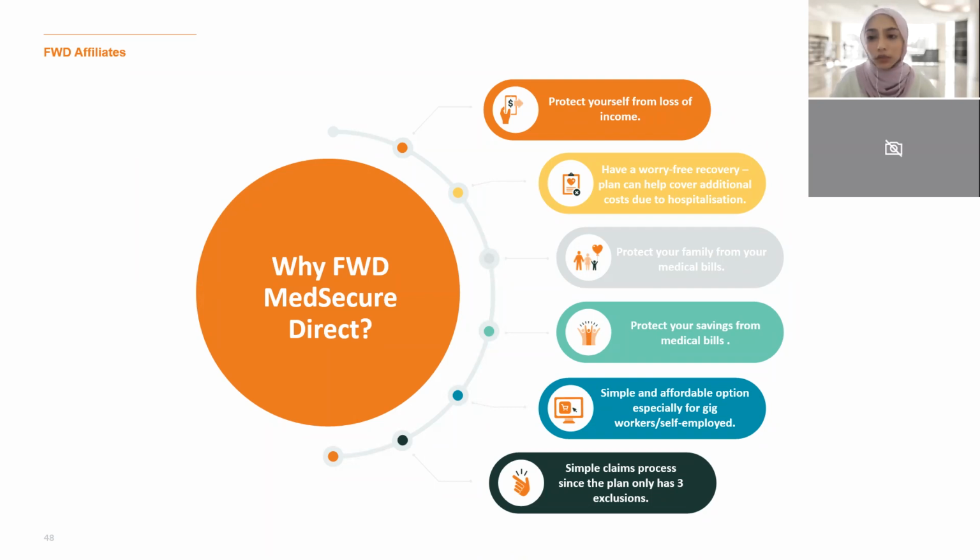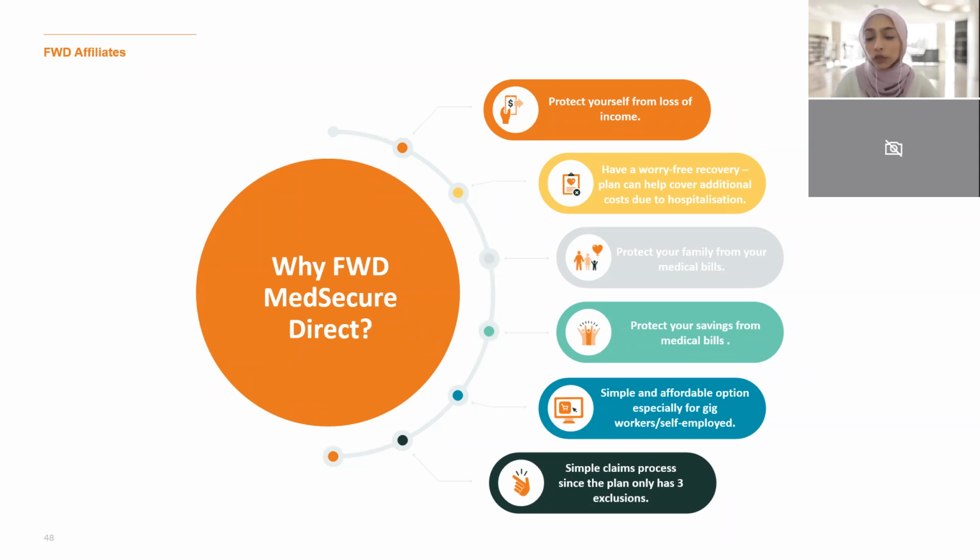And since we do give up to 350 ringgit a day, let's say for example, if you go to a public hospital or something and the cost of the bill is not up to 350 also, no worries, if you choose 350 ringgit a day, you still get that 350 ringgit, and you can use the remaining amount to cover any additional costs of the hospitalization or any additional living expenses that were incurred due to you being hospitalized.